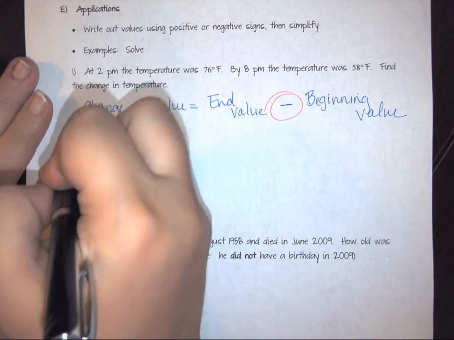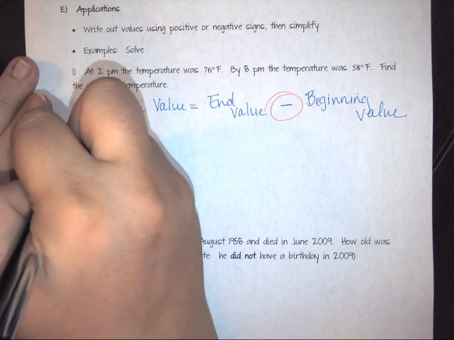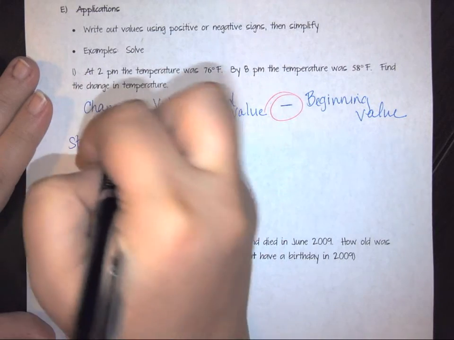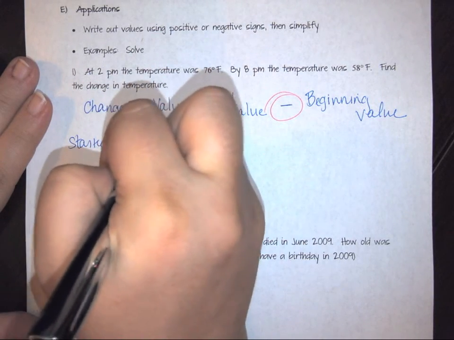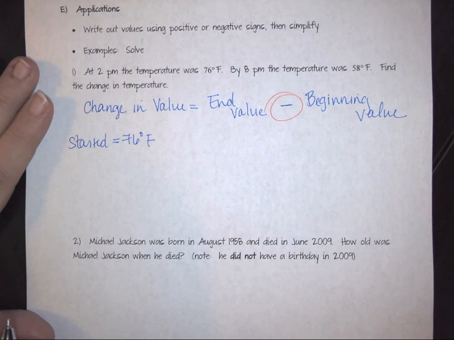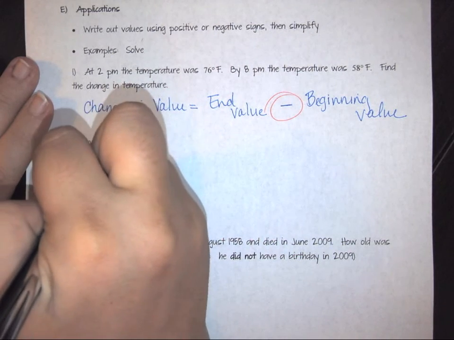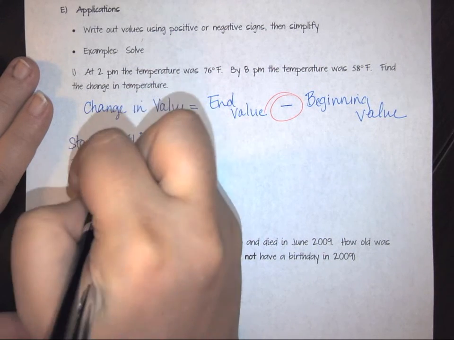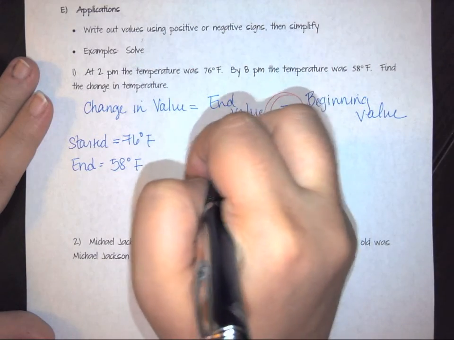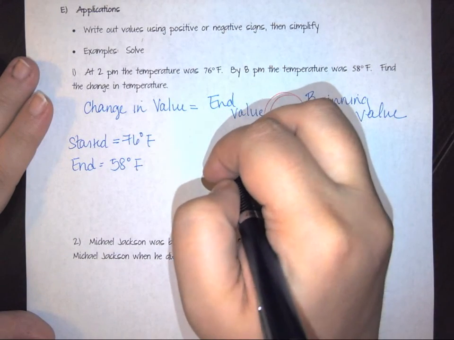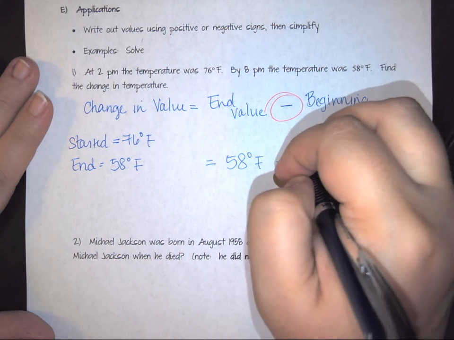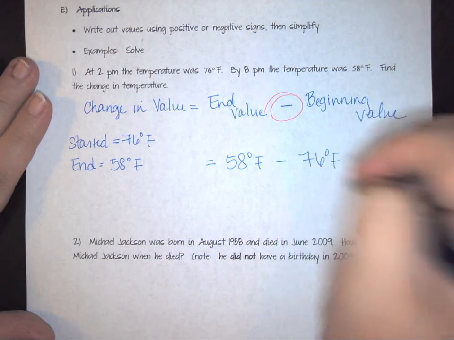Well, we know that we started at 76 degrees Fahrenheit. And we know that because 2 p.m. falls before 8 p.m. Now that means the other thing that we know is that we end at 58 degrees Fahrenheit. So to find the change in value we need to take the 58 degrees Fahrenheit and we need to subtract 76 degrees Fahrenheit.